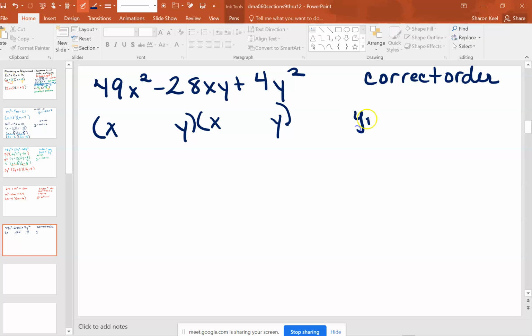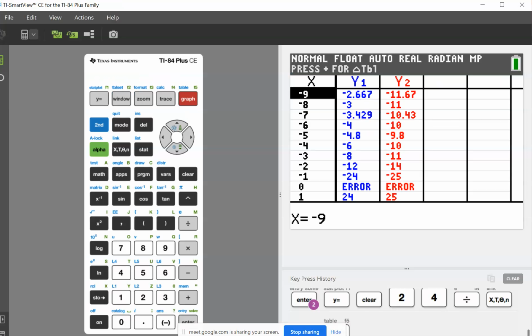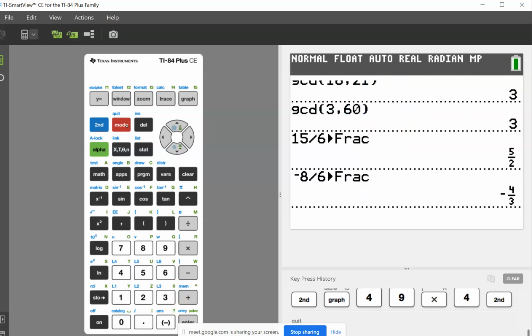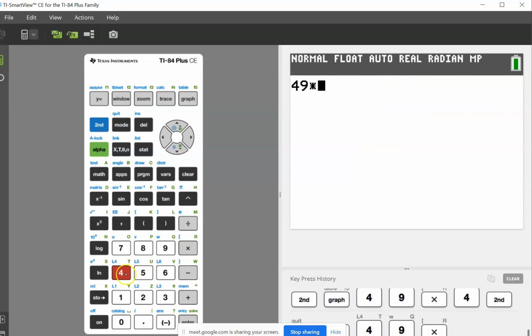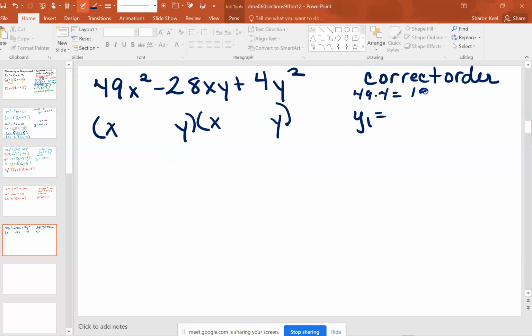Now, on y1, we're going to do a times c. That's 49 times 4. Okay, so 49 times 4. Well, get back to the calculator. Here we go. We're going to do 49 times 4. That gives us 196. So we're going to use 196 divided by x, and we're going to look for a negative 28.